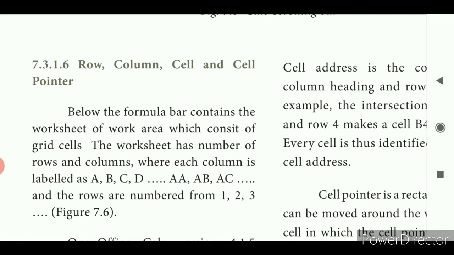The vertical lines are called columns and the horizontal lines are called rows. The columns can be named A, B, C, D using alphabets. After Z you use AA, AB, AC, something like that. Then the rows are named 1, 2, 3.